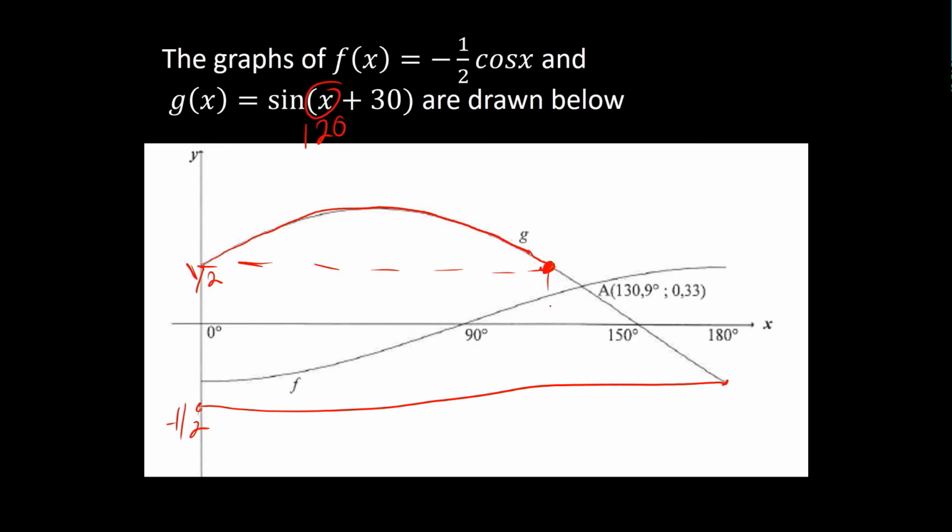Sine of 150 degrees is a half. And I know that because dealing with horizontal shifts, remember your graph moves 30 degrees in this case to the left. Okay, so therefore this is 120 degrees. So everywhere between 0 and 120 degrees, do you see that the graph is either greater than or equal to a half?